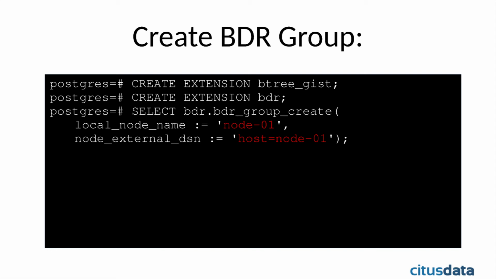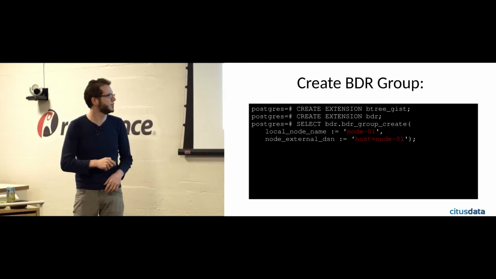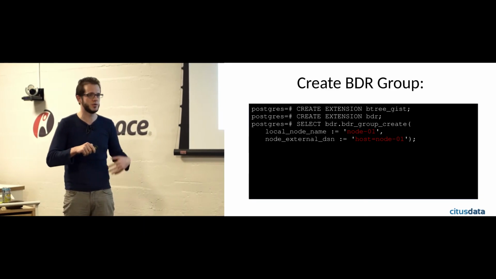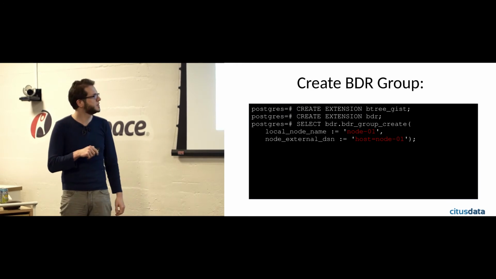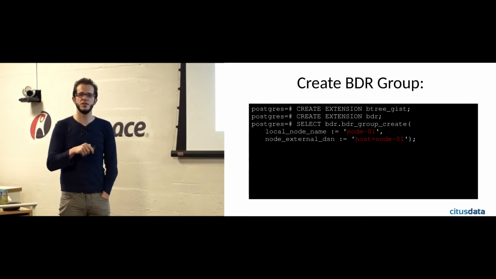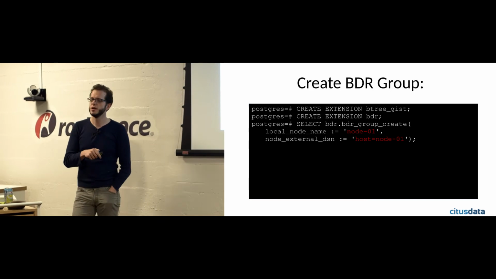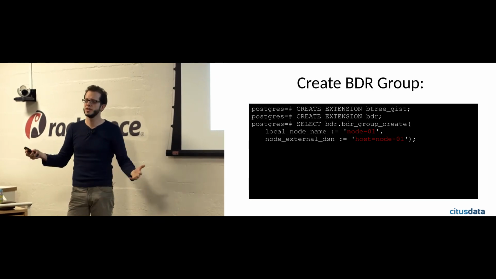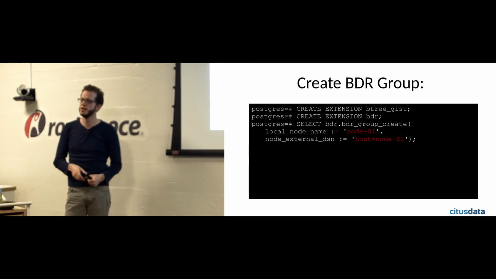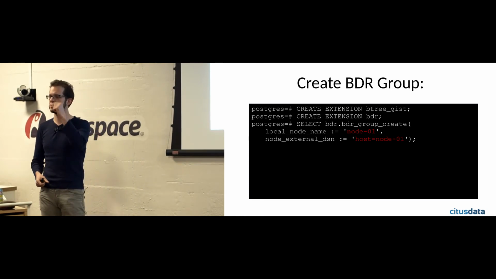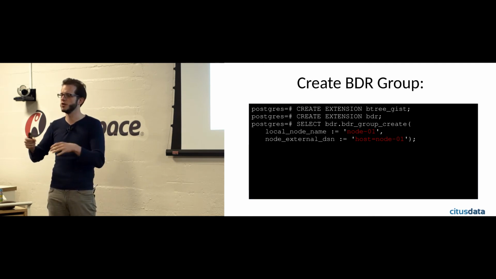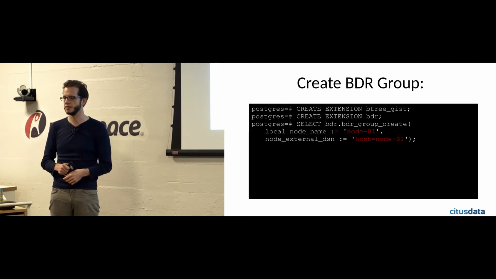So on the first node, as I said, you create a group of replicas, and a group of one is not yet a group, but you create the group. There's no existing group to join, and again, you give the node a name, and you have to again say how this node can be reached. This is important because if you join a network of 10 nodes, you don't want to have to specify the DSN of all those 10 nodes, but instead you say, I'm connected to one other node, and then it will figure out all the other nodes and automatically configure that.